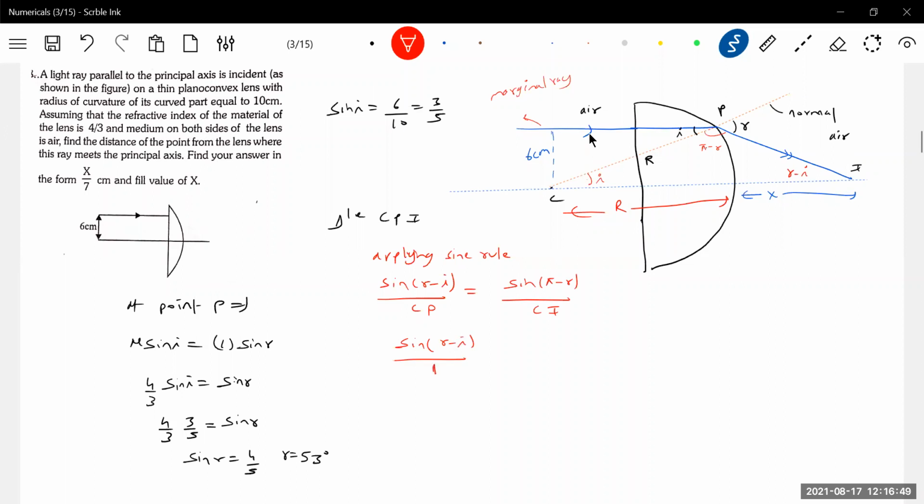CP is how much? 10. So we know r, i, all the values. Solving, we will get the expression for x.